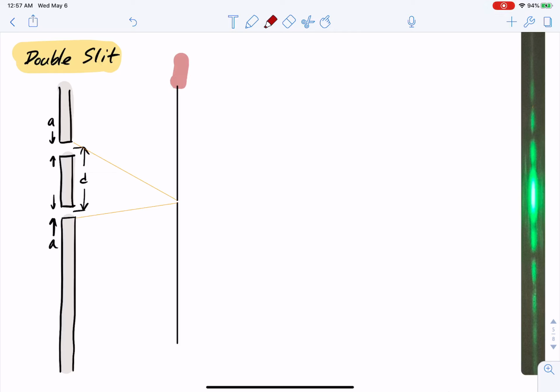You can't really see them. The distance d is a fraction of a millimeter, so maybe d is 1/4 of a millimeter and a is 100th of a millimeter, something like that. I made a little gap there, but you probably wouldn't see them. And then I've got an observation screen over here.